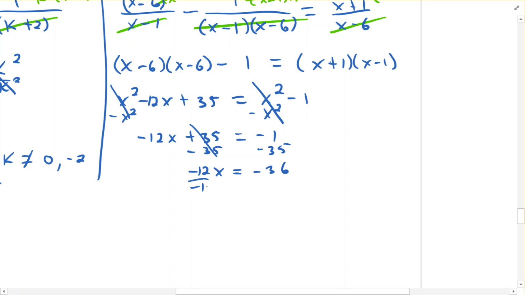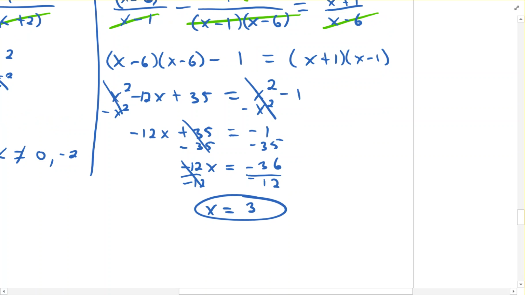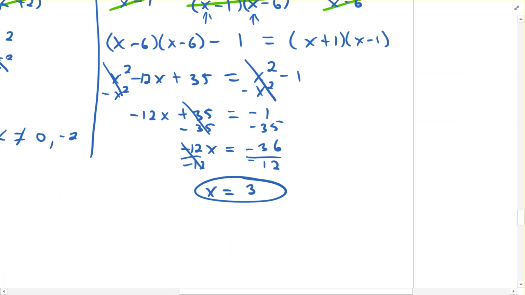And then divide both sides by negative 12, and you get x is equal to positive 3. Negative divided by negative is positive. Just double check that our non-permissible values weren't any of those. So that's 1, that's 6. So 3 is not either of those, so we're good.